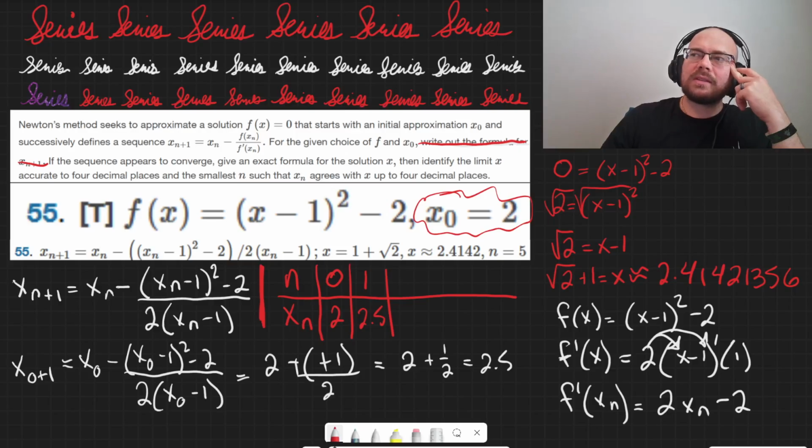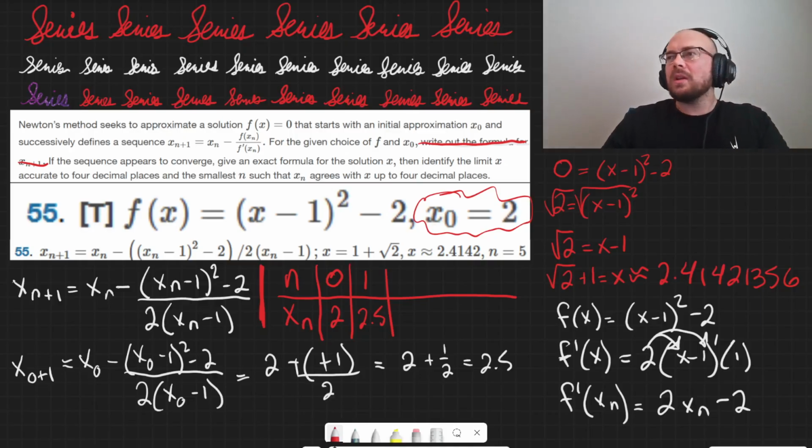Yeah, so I'm treating it like an explicit formula, but this is not an explicit formula, it's a recursive formula. So I need to be careful not to treat it like it is an explicit formula. Or at least it's recursive-ish. It might not be completely correct to call it recursive, but it's basically recursive.